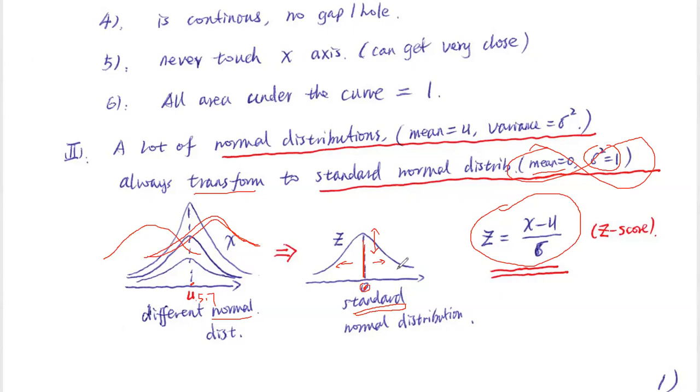Variance equal to 1 controls the vertical. So we cannot pull this curve up or push this curve down. There has to be only one curve here. Follow me? That's what we call the standard normal distribution.